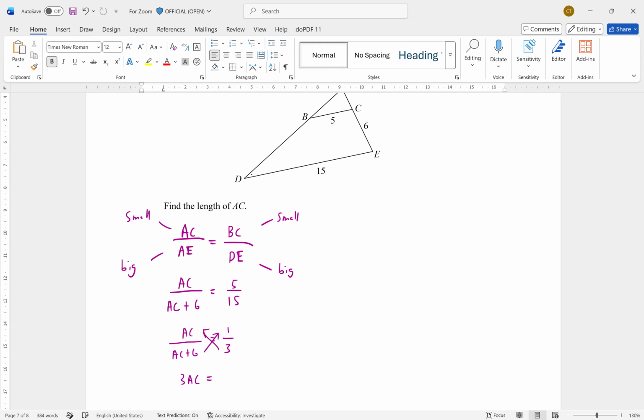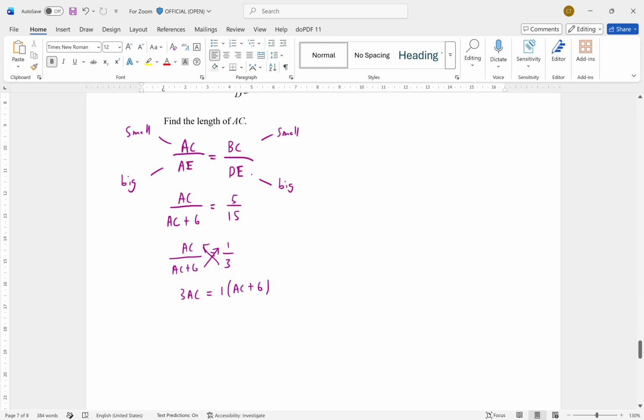So 3 times AC equals 1 times (AC plus 6). Expand the right side: AC plus 6. Bring the AC over, so 3AC minus AC. You can treat AC as one whole variable. So you get 2AC equals 6, so AC will be 3. This will be the length of AC, 3 cm.